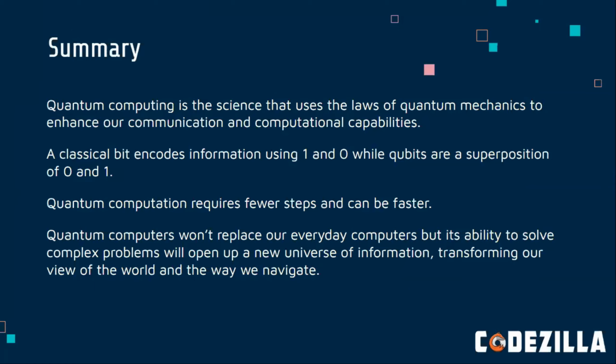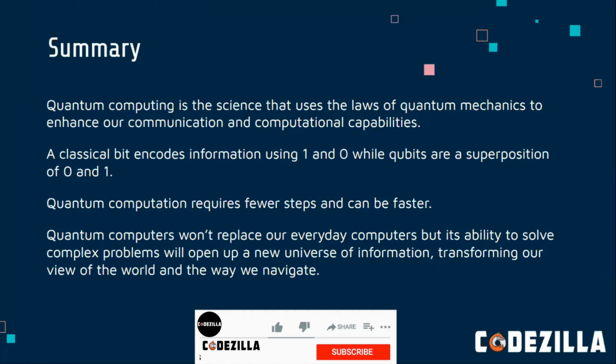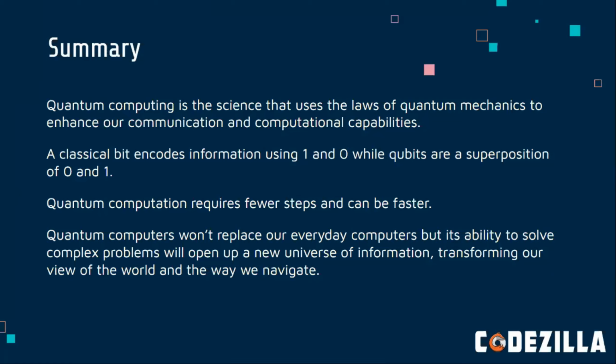Let's take a summary of whatever we learned in today's discussion. Quantum computing is the science that uses the law of quantum mechanics to enhance our communication and computational capabilities. A classical bit encodes information using 1 and 0, while qubits are a superposition of 0 and 1. Quantum computation requires fewer steps and can be faster.